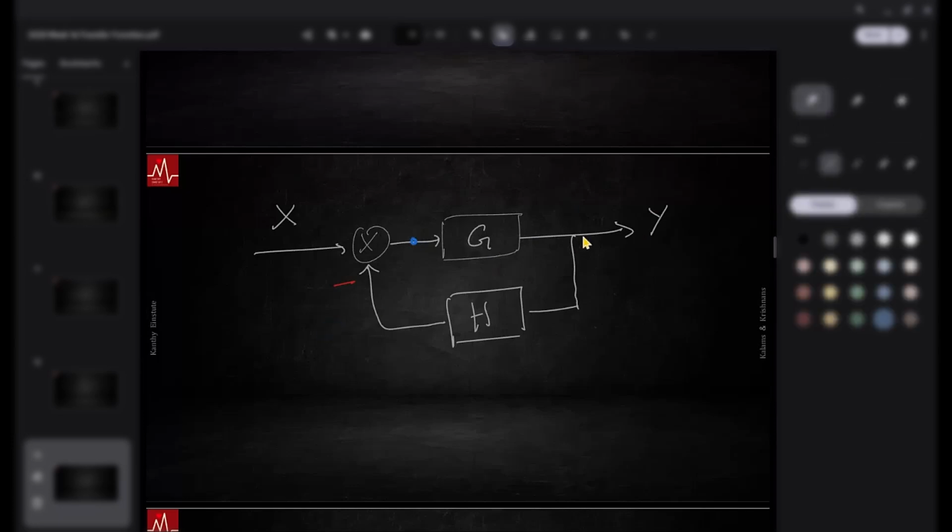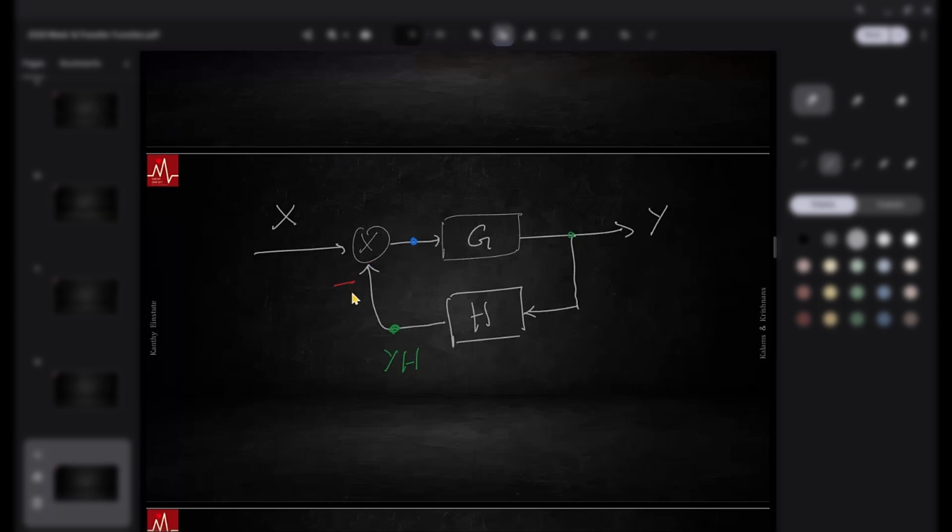Notice what Y here. What you have here is YH. Y is fed through the system H. What comes out is YH, because H by definition is the ratio of output to input.